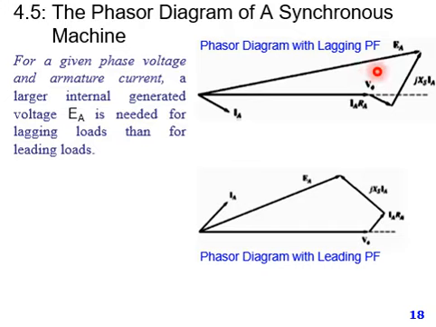The upper one is the phasor diagram with lagging power factor, and the lower one is the phasor diagram with leading power factor. For a given phase voltage and armature current, a larger internal generated E of A is needed for lagging loads than for leading loads.